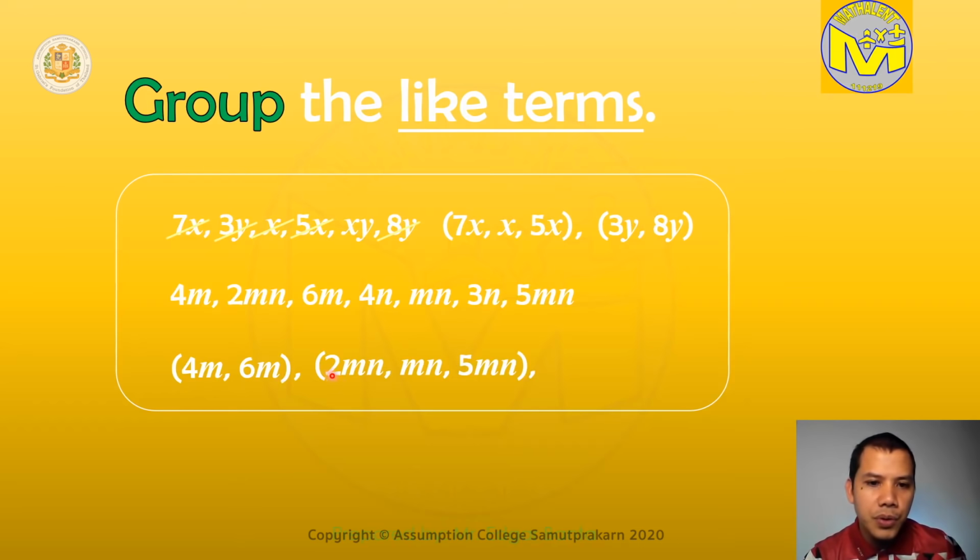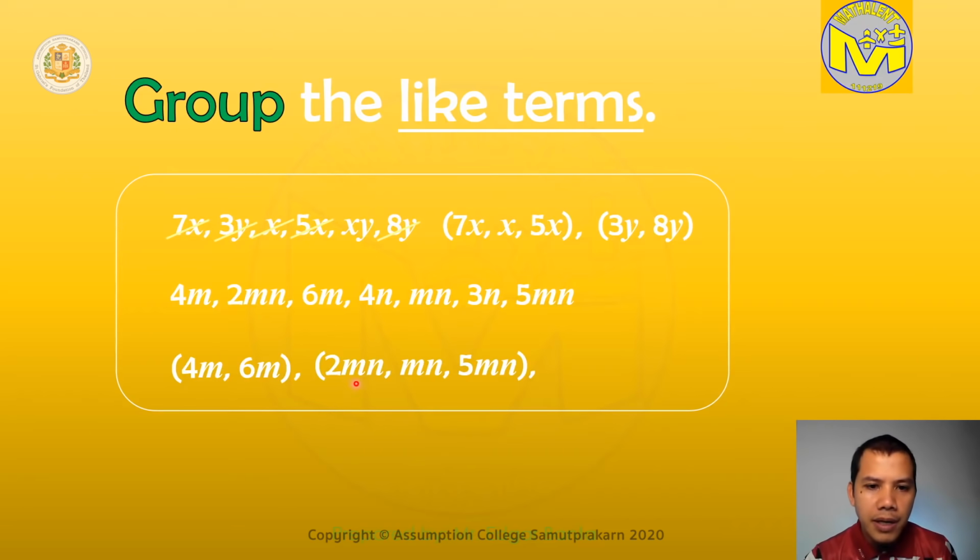Next group, 2MN, MN, and 5MN. Put inside a bracket and separate by commas inside and also for the next bracket. So, look. Remember, MN is always first from the N. Okay?